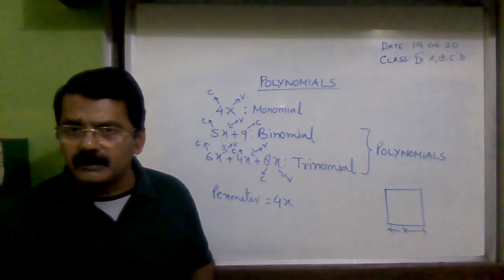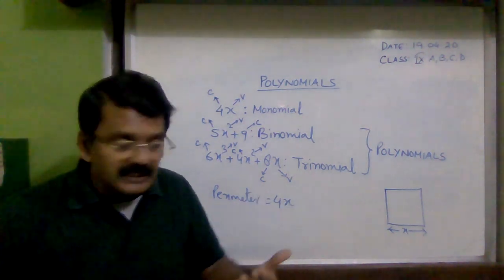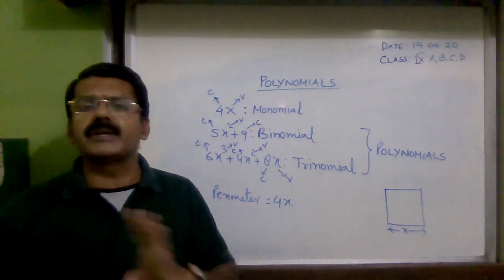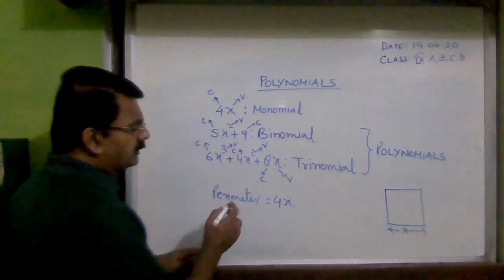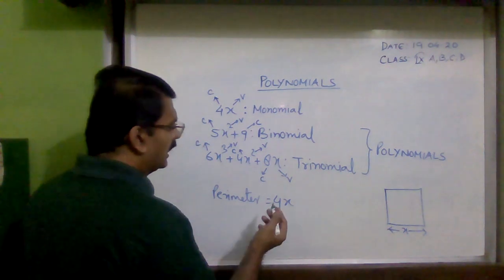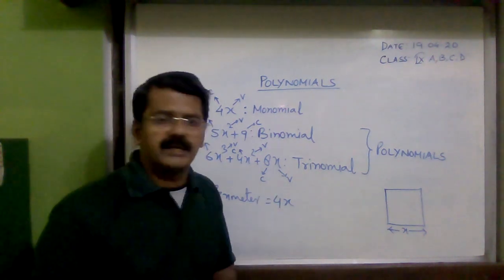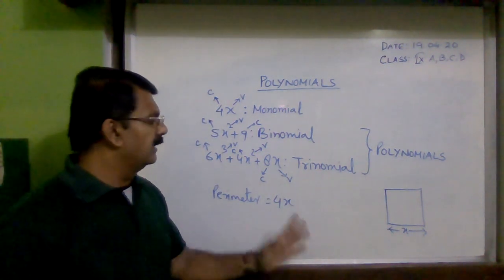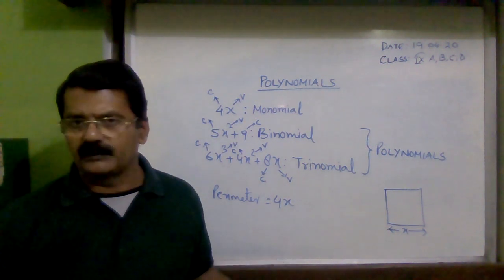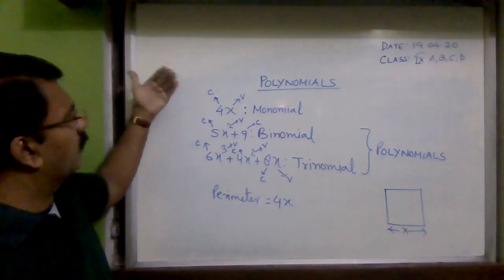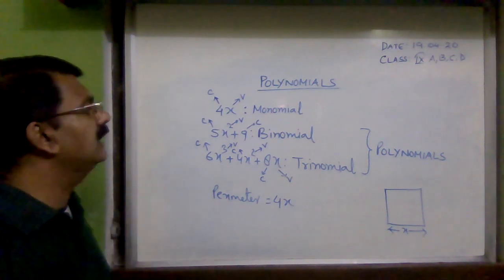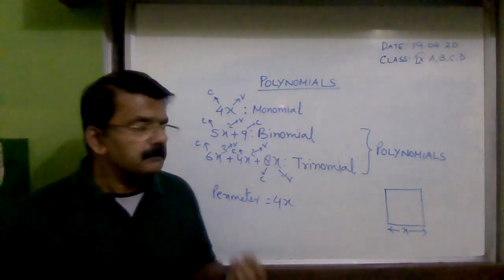So x keeps on changing, whereas the value of 4 remains the same throughout. Clear? Now the perimeter is 4x. If you put x equal to 2 cm, you will get a different perimeter. If you put x equal to 3 cm, you will get a different perimeter. Is it clear? So I have already explained what monomial, binomial or trinomial are.